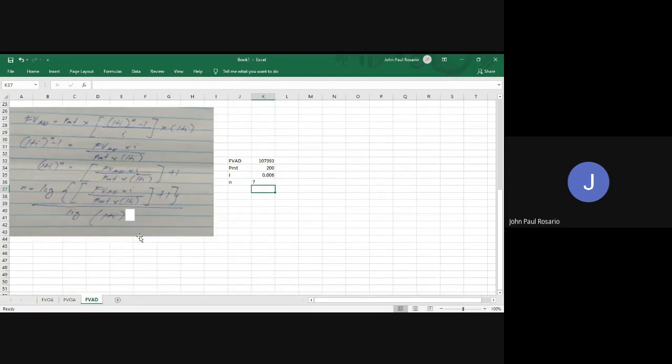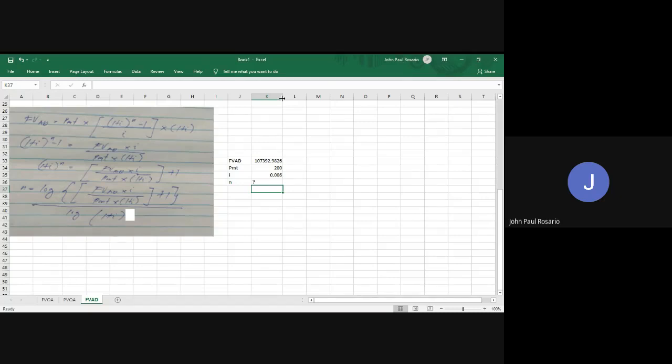So log of 107,392.98 times 0.072 over 12, over the payment 200, times 1 plus I.